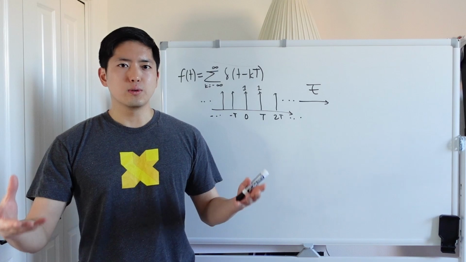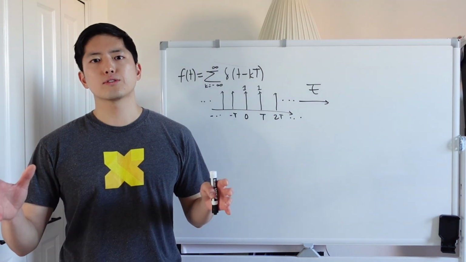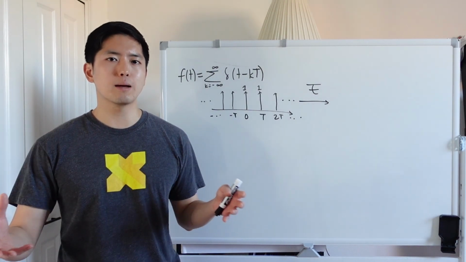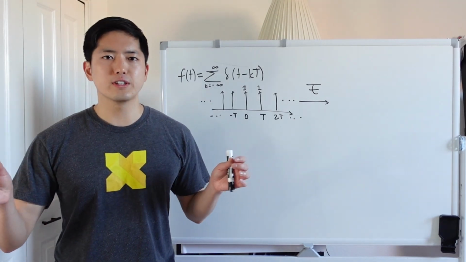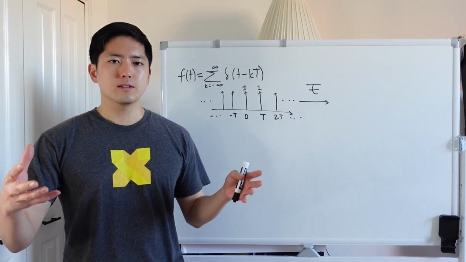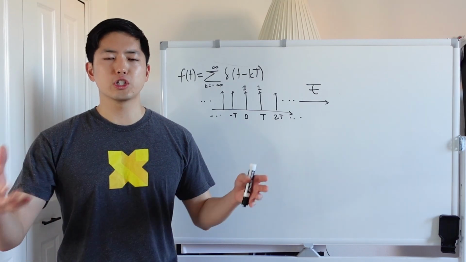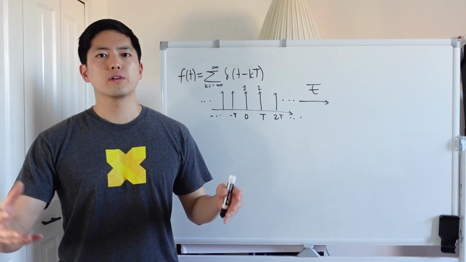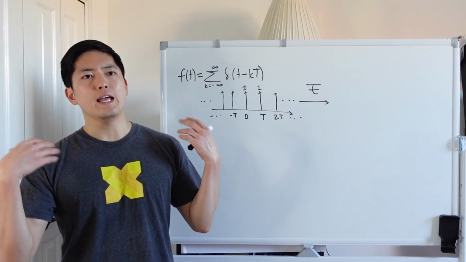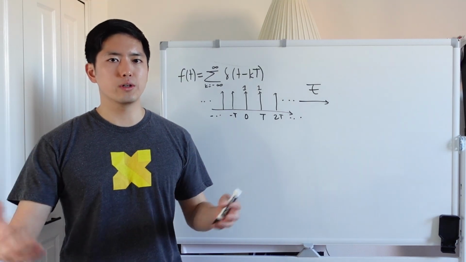So what's the difference between the two? The Fourier series and the Fourier transform are very similar concepts with slight differences. For instance, the Fourier series applies specifically to periodic functions, and it decomposes a function into a discrete sum of sinusoidal components.